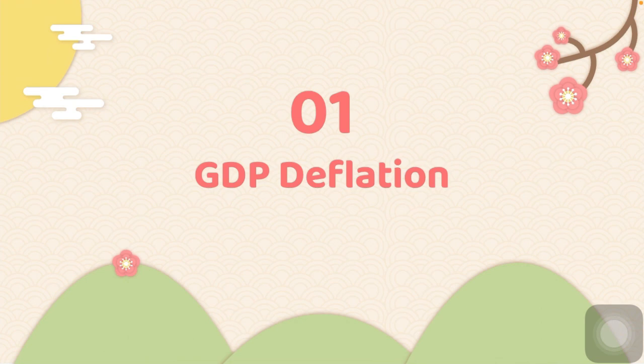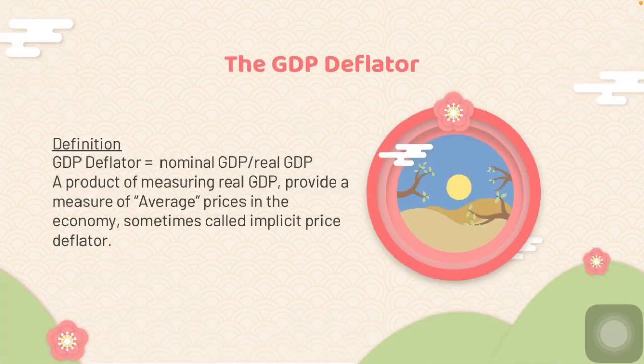First, GDP deflator. Definition: GDP deflator, or gross domestic product deflator, is a product of measuring real GDP, providing a measure of average price in the economy, sometimes called the implied price deflator. Gross domestic product represents the total output of goods and services.